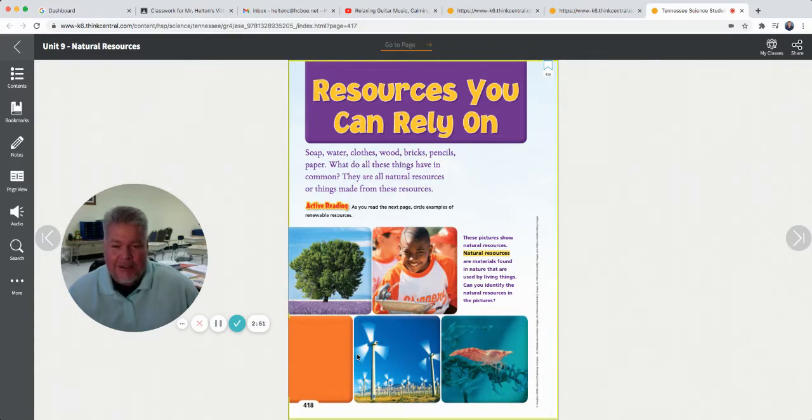Wind is part of nature. It's a natural resource to turn these things to produce electricity. And shrimp. Do you use shrimp? I use some shrimp when I'm hungry sometimes, don't you? So we can use the natural resources found in water as food. So all these are natural resources, materials found in nature that are used by living things.